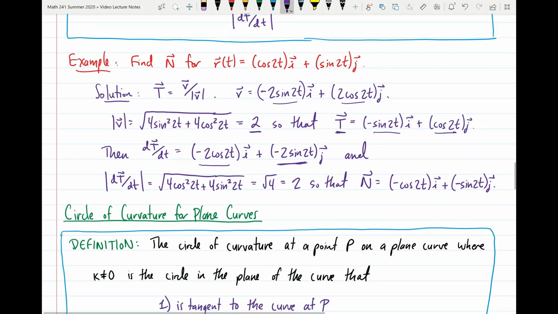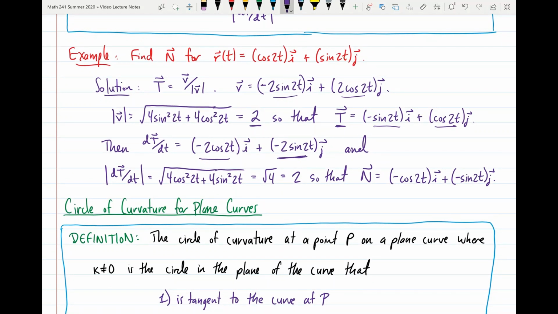And lastly, the magnitude of the derivative of the unit tangent vector with respect to t is equal to the square root of 4 times cosine squared of 2t plus 4 times sine squared of 2t, and we end up finding that is equal to 2, so that the principal unit normal vector is equal to negative cosine of 2t i plus negative sine of 2t j.